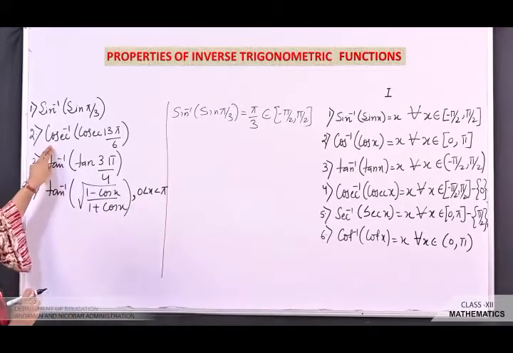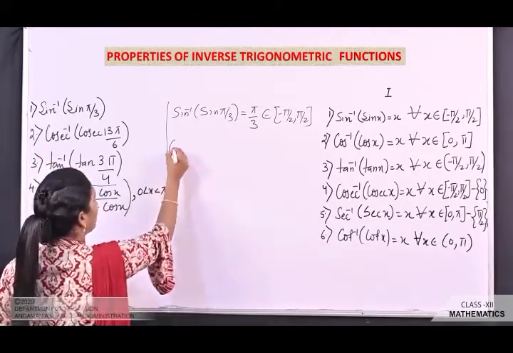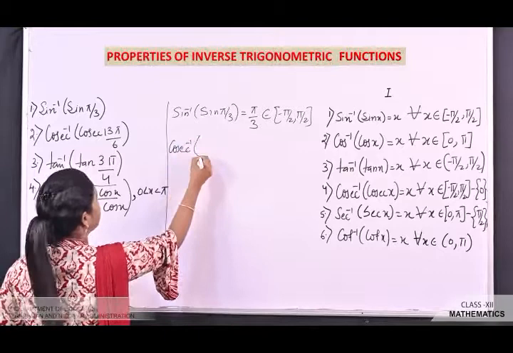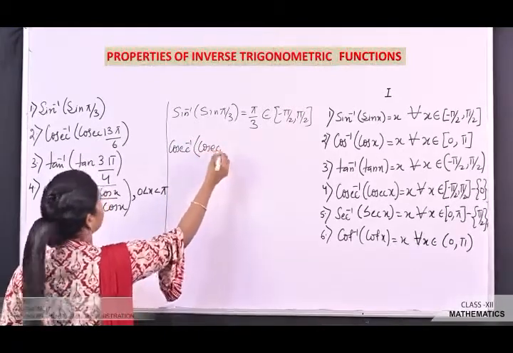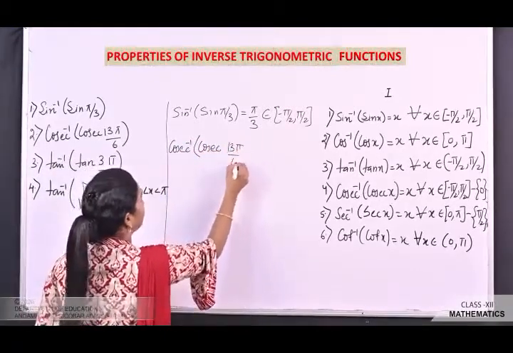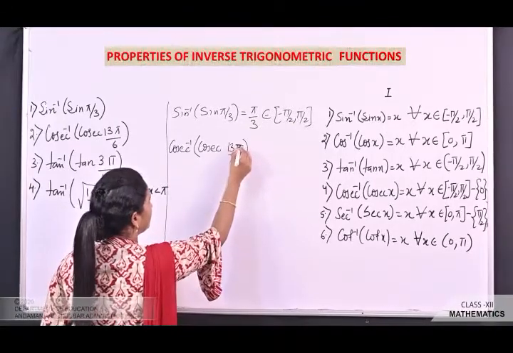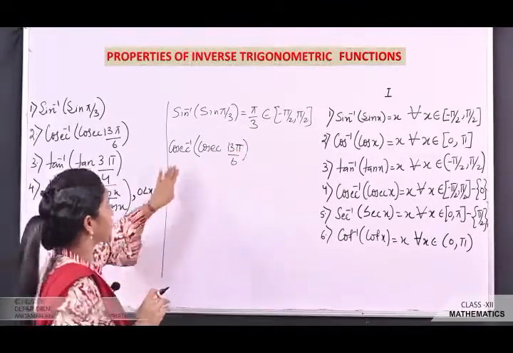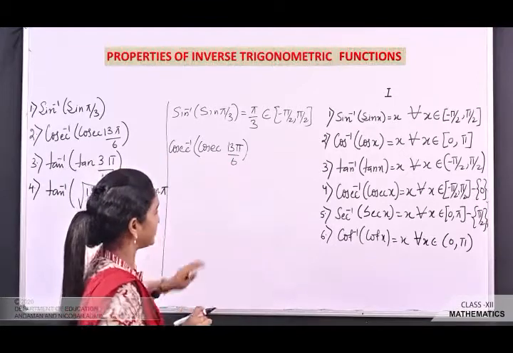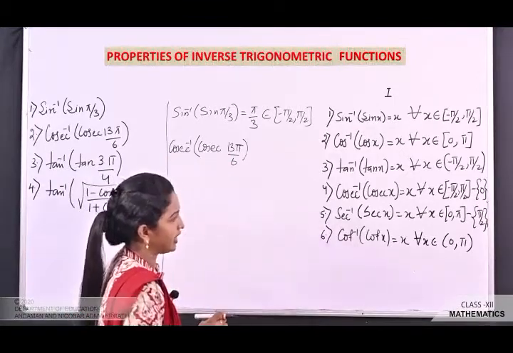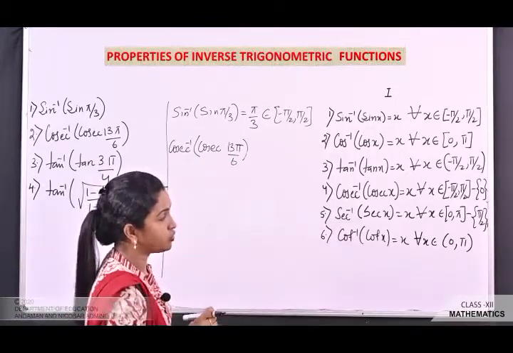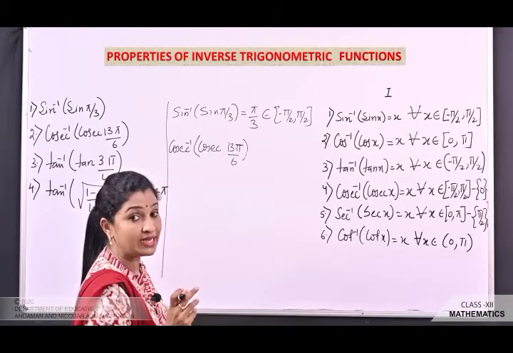Now when you go for the second question, that is cosec inverse cosec 13 pi by 6. Now you see here cosec inverse cosec x is x, for x belongs to minus pi by 2 to plus pi by 2 minus 0.